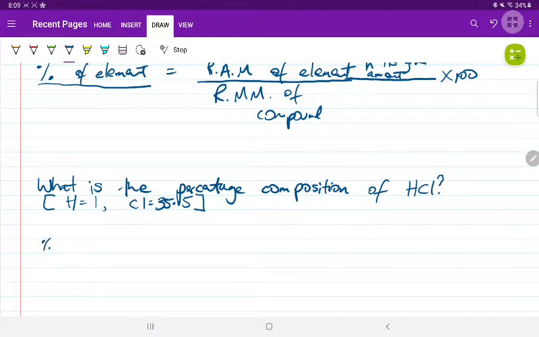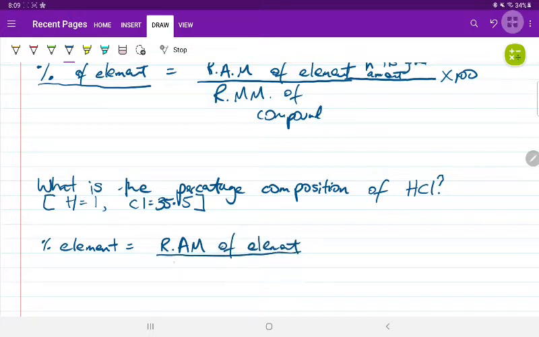Percentage element is equal to the RAM of the element divided by the RMM of the compound, and then you're multiplying that by 100.